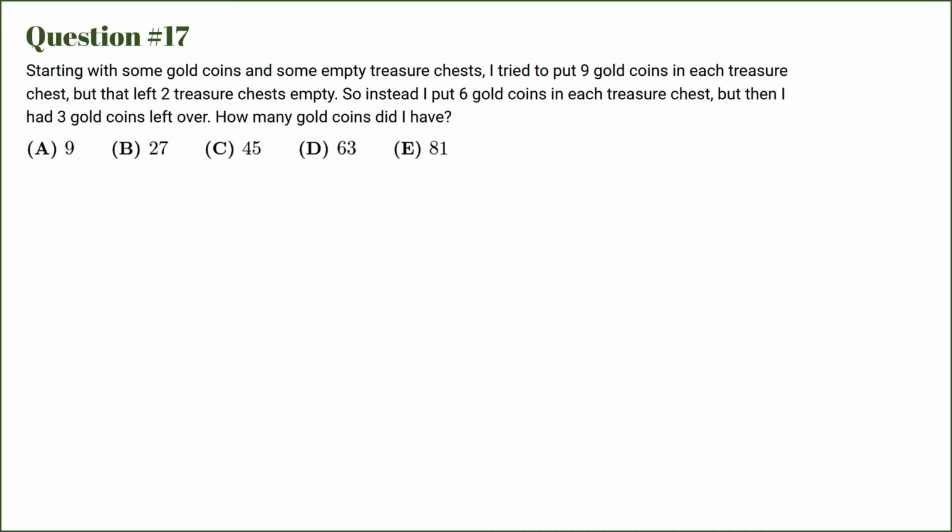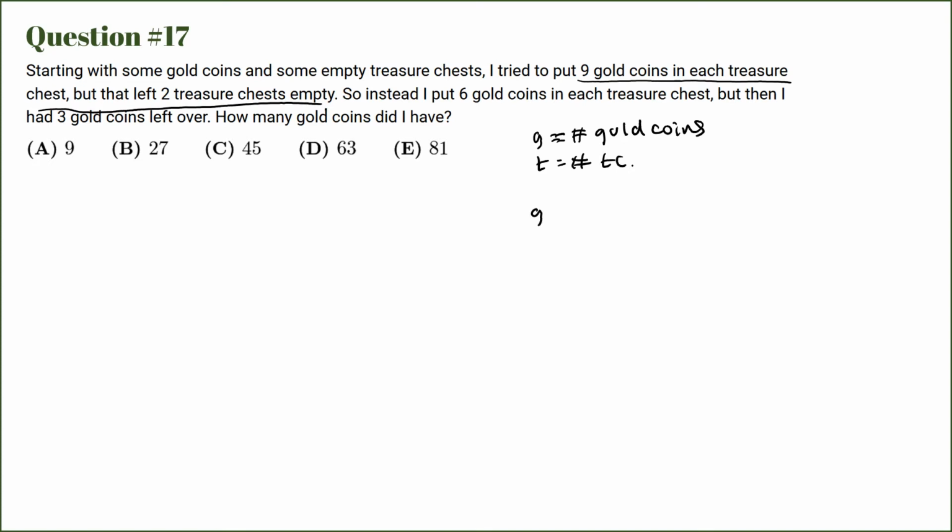Okay, so first of all, let's say G is the total number of gold coins. And let's say that T is the number of treasure chests. So we know that 9 gold coins in each treasure chest left 2 treasure chests empty.